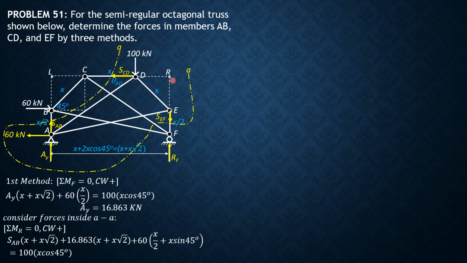SCD and SEF are not involved, because they pass through R. Imagine X is 1, then calculate: SAB is negative 17.574 kilonewtons. So SAB is 17.574 kilonewtons compression.